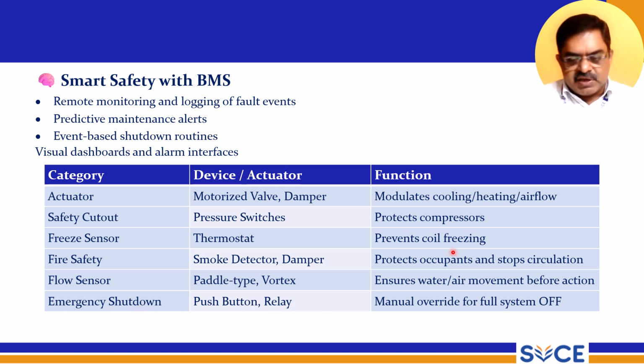The functions: the motorized valve and damper modulate cooling, heating and airflow; pressure switches protect compressors; thermostat prevents coil freezing; smoke detector protects occupants and stops circulation; paddle type and vortex ensure water or air movement before action; and the push button and relay provide manual override for full system off.